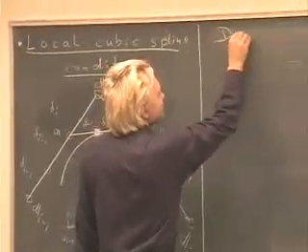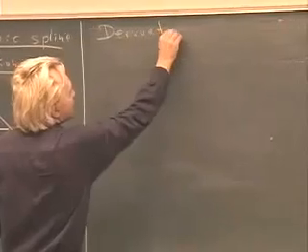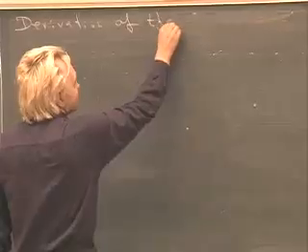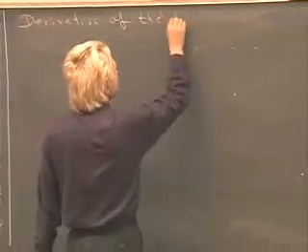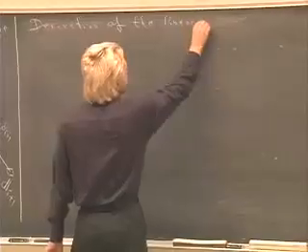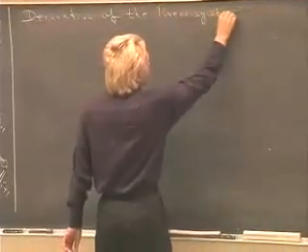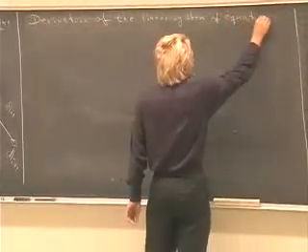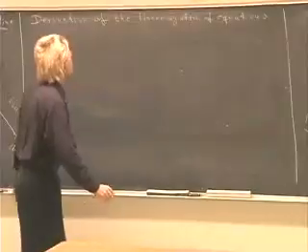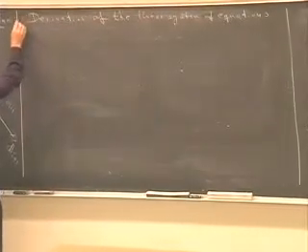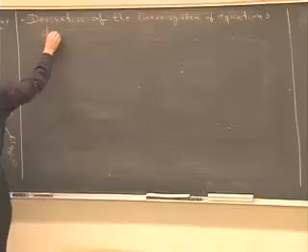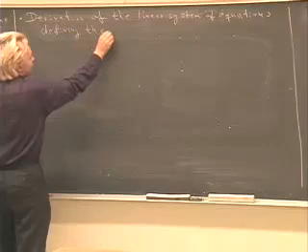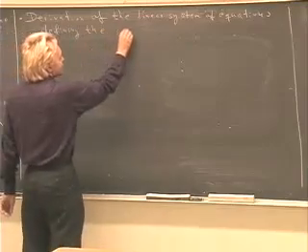So this is the derivation of the linear system of equations defining the control points.